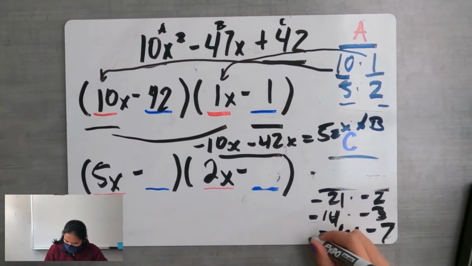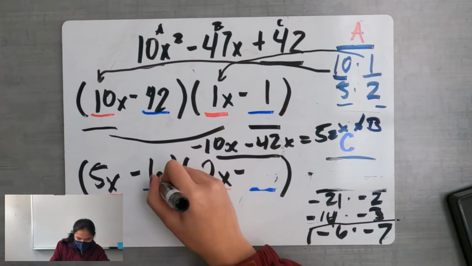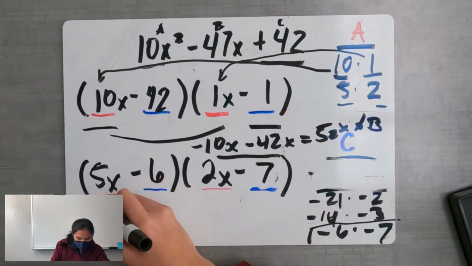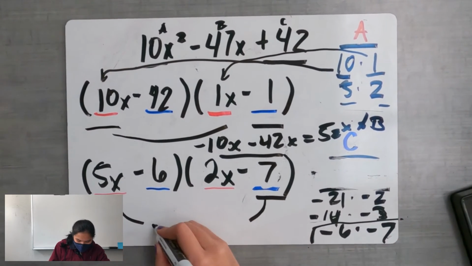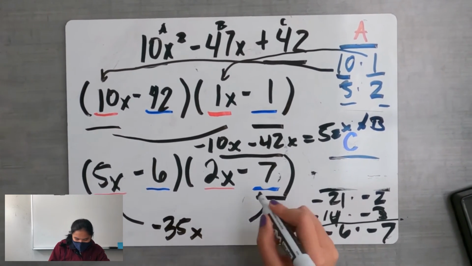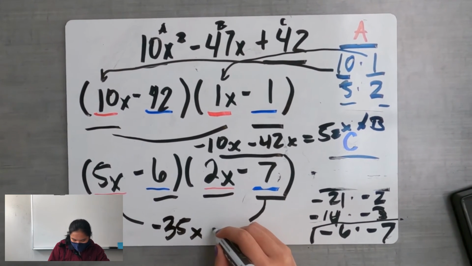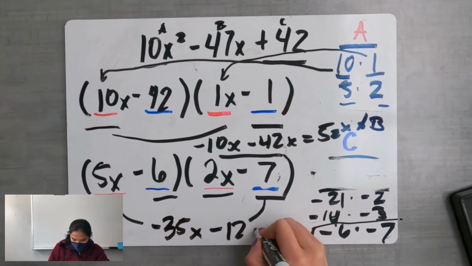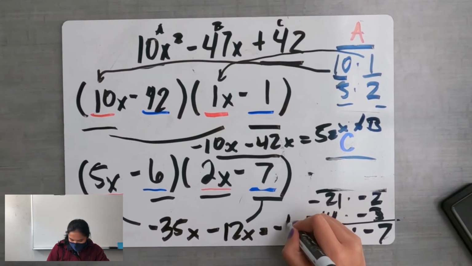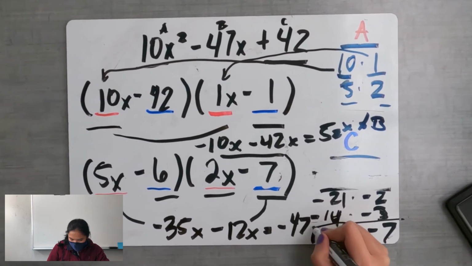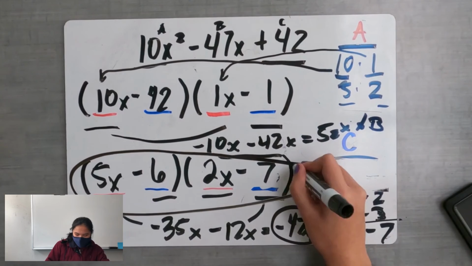You would eventually reach negative 6 and negative 7, so we can try that. If you multiply 5x times negative 7, that would get you negative 35x, and negative 6 times 2x would be negative 12x, which would get you to negative 47x, which is B. So this is your right answer.